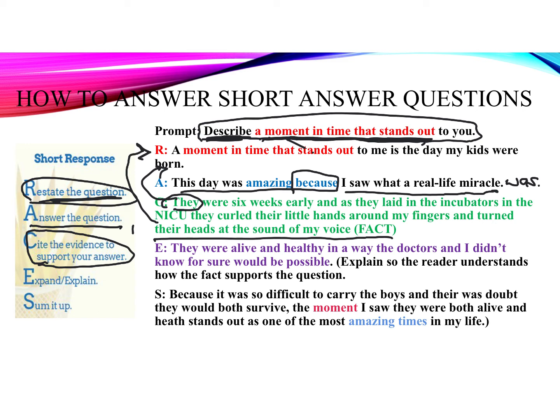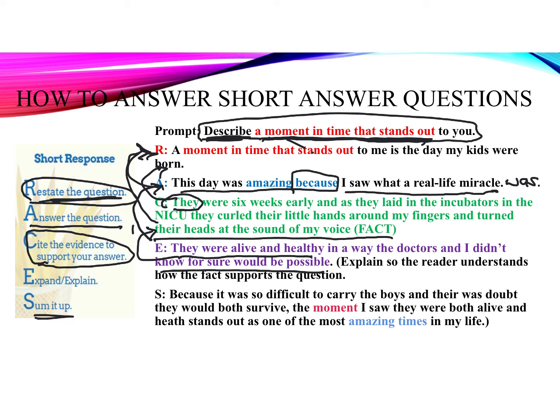You have to actually go through and explain how it supports it in words, not, okay, I know you know this, reader. So here's my explanation. They were alive and healthy in a way the doctors and I didn't know for sure would be possible. Okay. I am explaining how this is a miracle. So notice that each line kind of ties to the other. I need to know, how does this fact support it so that it relates?